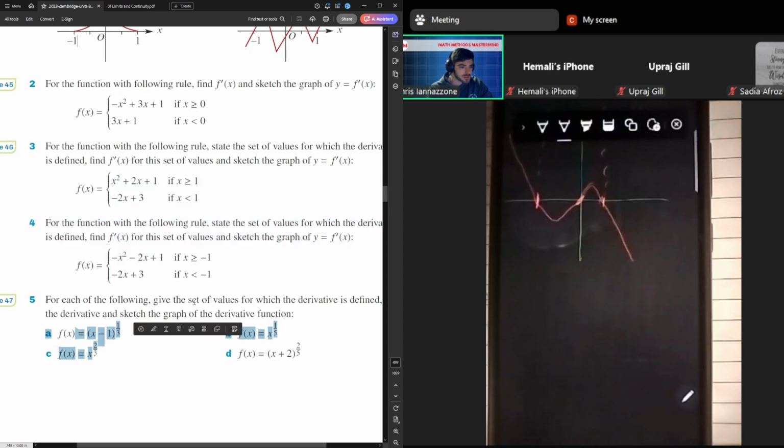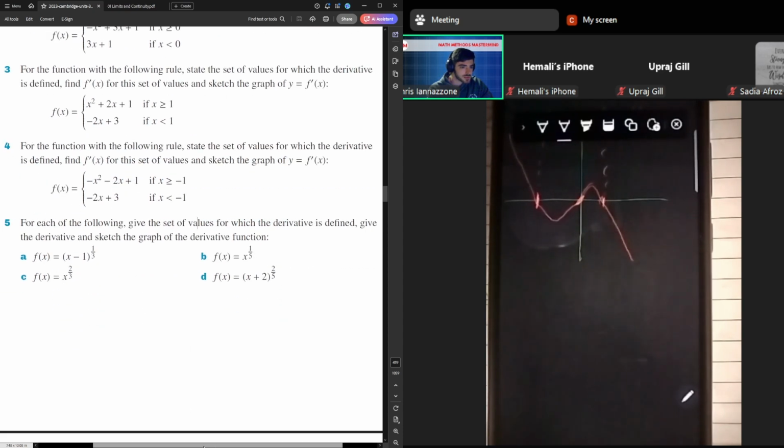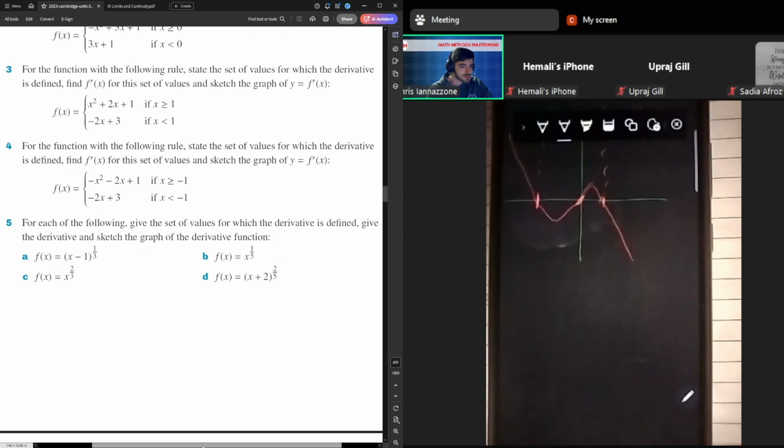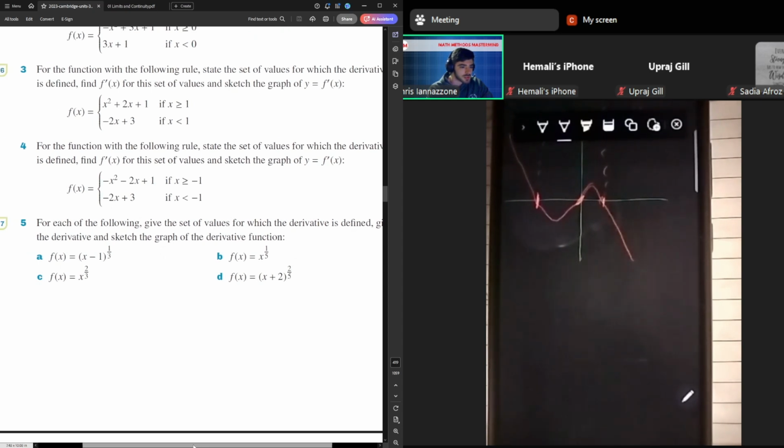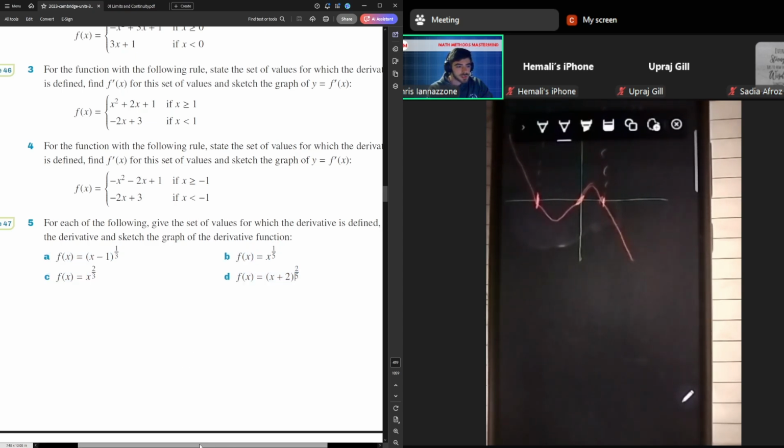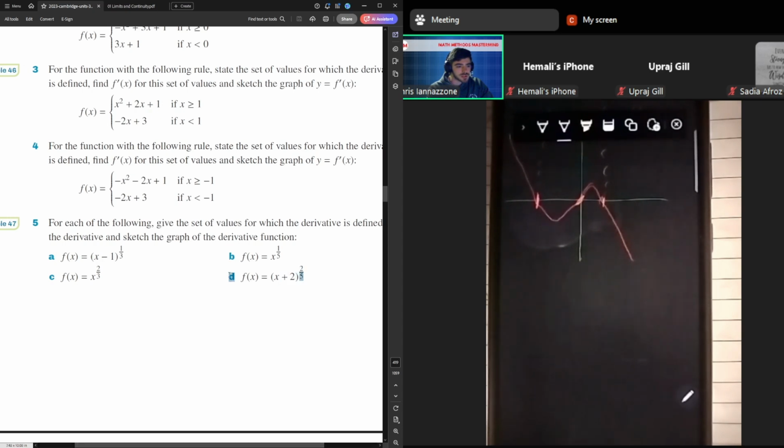And then for each of the following, where is the derivative defined, and sketch it. These all have something in common that causes them to have a spot where the derivative is not defined. I guess the first thing I'll ask is, if not the answer outright, what's the commonality between all of these?